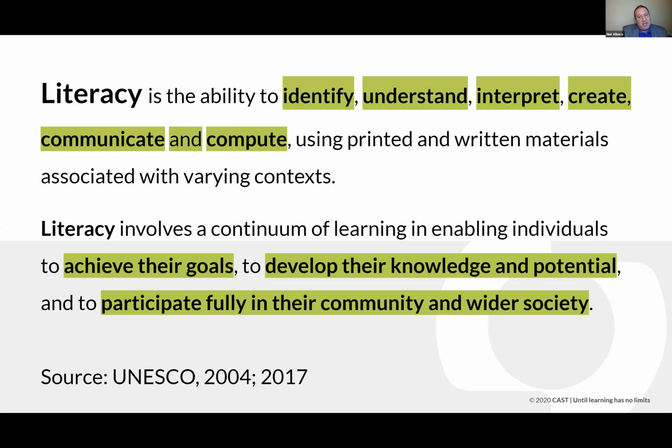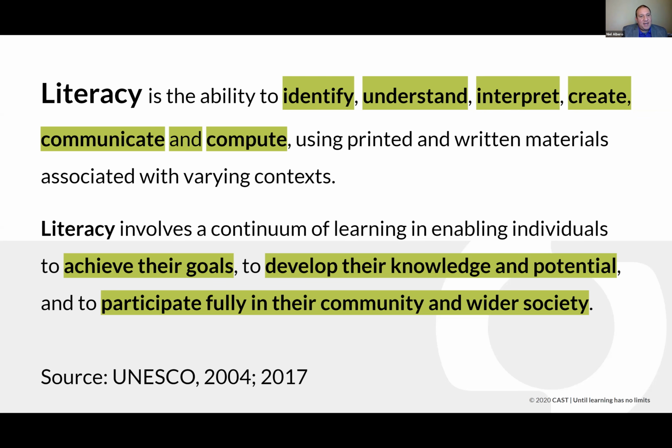Literacy involves a continuum of learning in enabling individuals to achieve their goals, to develop their knowledge and potential, and to participate fully in their community and wider society. So such a rich definition of literacy beyond just reading and writing skills. And as we get into this first webinar and set up our series, I always love to go to the why. What's the why of literacy?